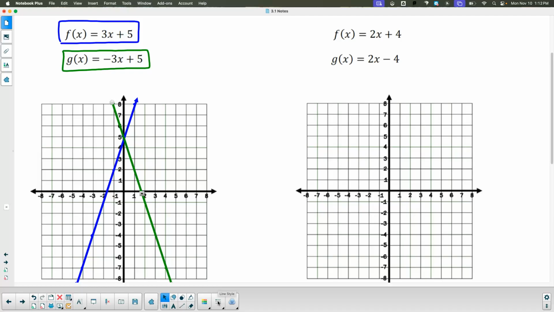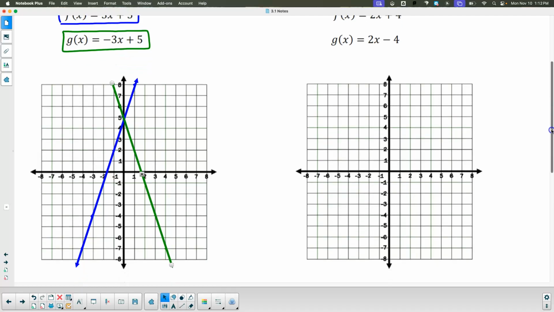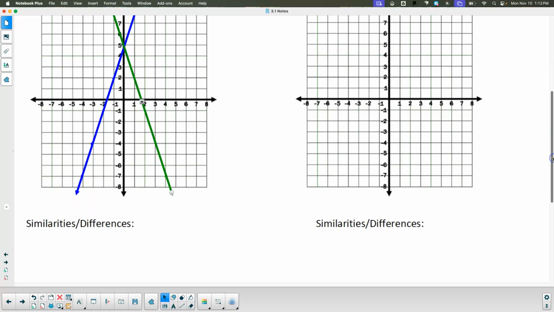Agree with those 2 lines at least? Yes? Okay. Somebody give me a similarity. Well, they're the same numbers. They are not the same numbers.